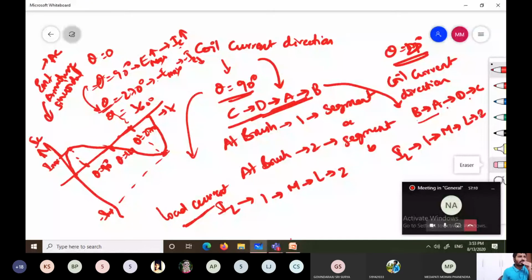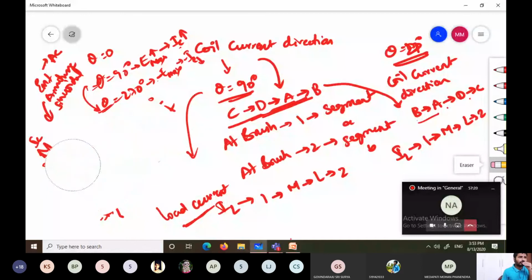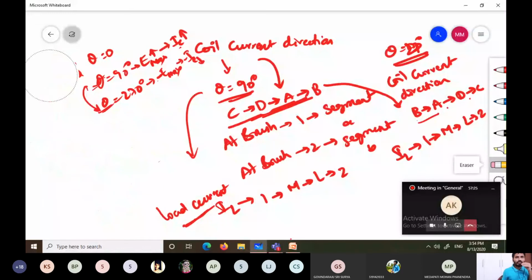So can I erase this particular armature current, coil current? Yes, sir. Okay. Now I am drawing the load current. So this is the load current.